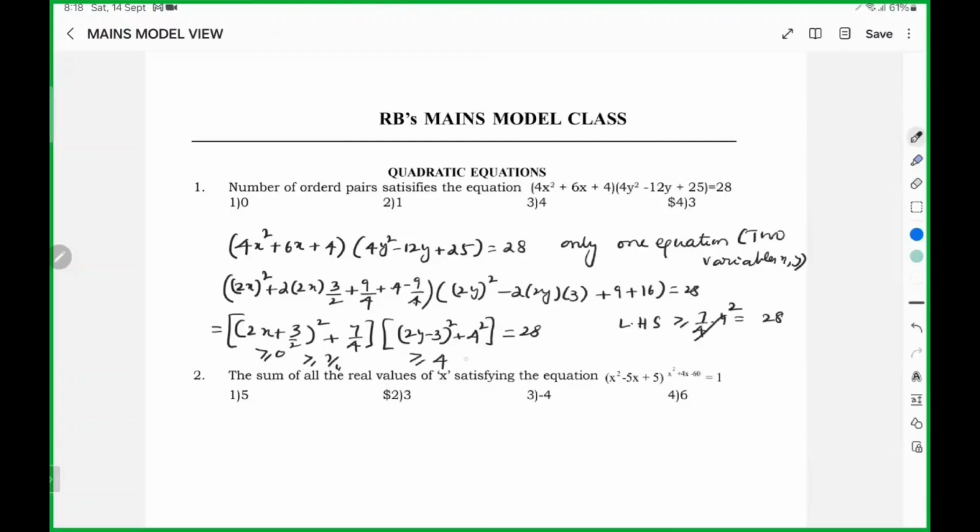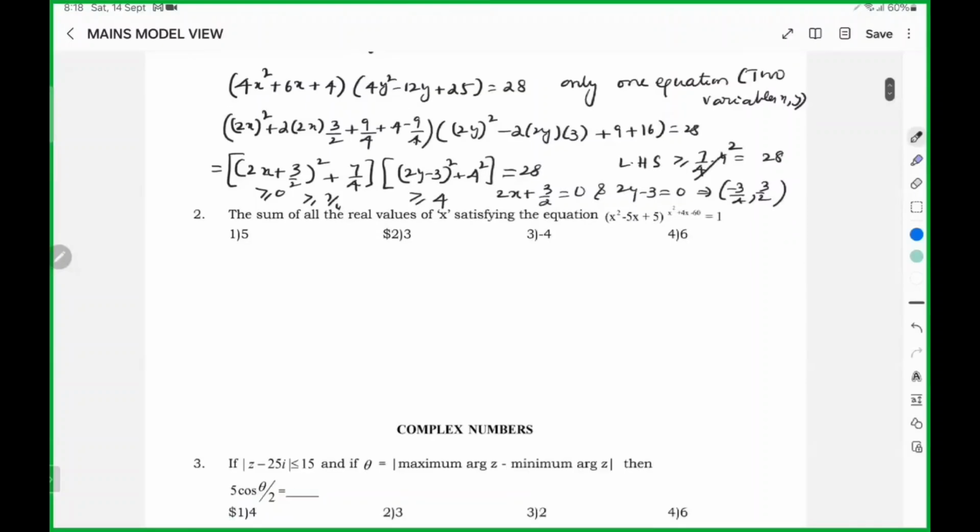So always greater than or equal, but we want equality. That is possible only for a case where this is 0 as well as 2y minus 3 is 0. That means minus 3 by 4 comma 3 by 2. There is only one ordered pair which satisfies the equation.